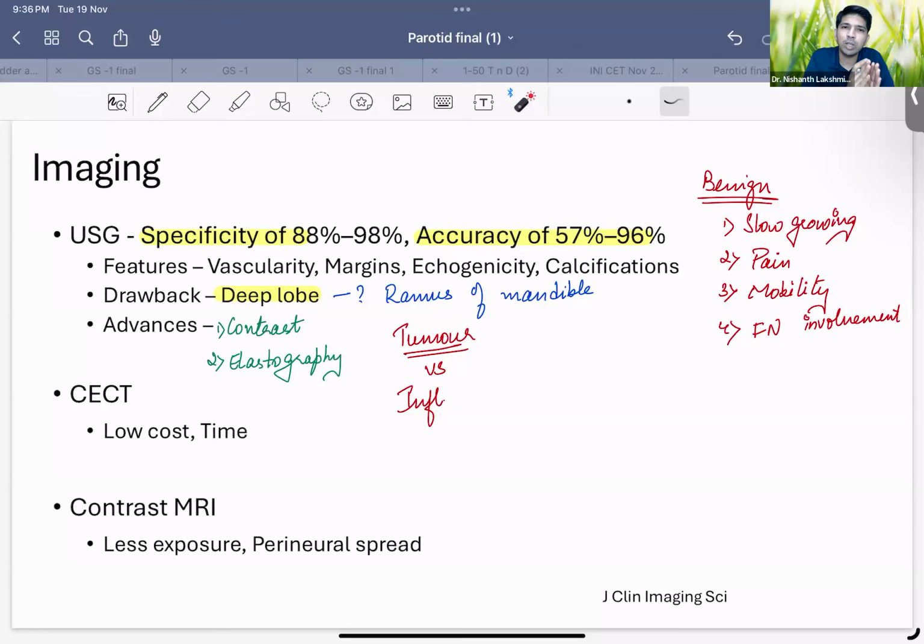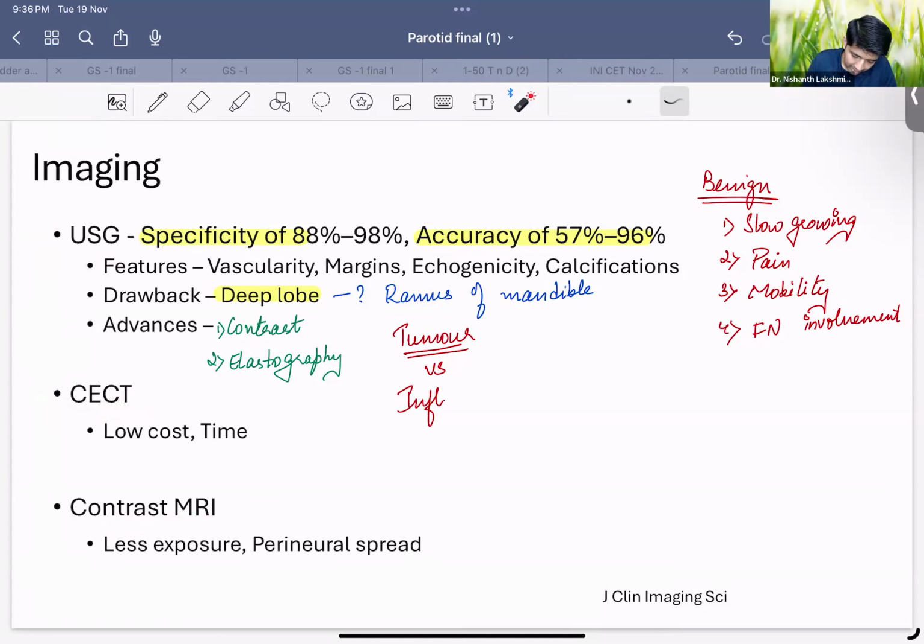But in certain scenarios, a pleomorphic adenoma cannot be differentiated from a low grade, let us say, mucoepidermoid carcinoma or even an adenoid cystic carcinoma sometimes, because pleomorphic adenoma doesn't have one particular standard. It can vary up and down. So all these are points to tell you that ultrasound is not sufficient whenever you're dealing with anything beyond a straightforward benign lesion.